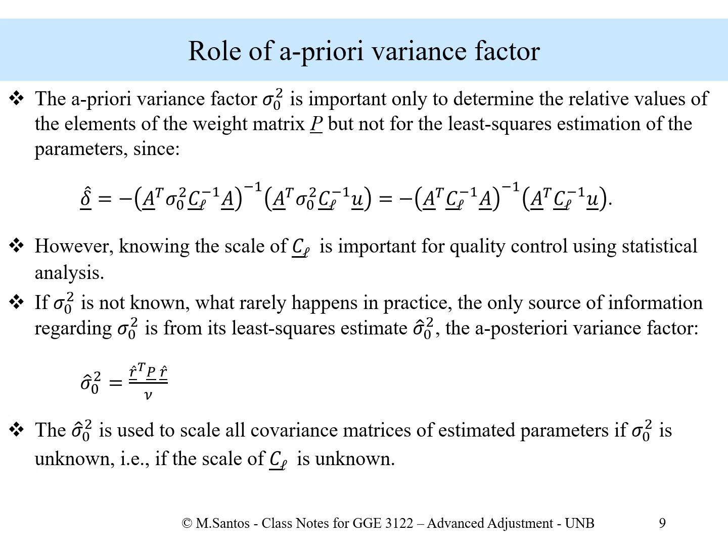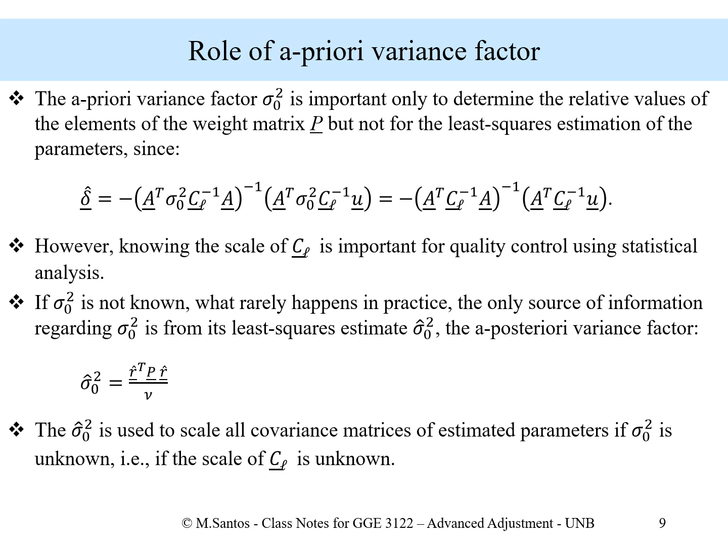Therefore, the a priori variance factor affects the precision of the estimates. It's important to emphasize that the knowledge of the a priori variance factor, the scale of the covariance matrix of the observations, is very important when we perform quality control using statistical analysis.